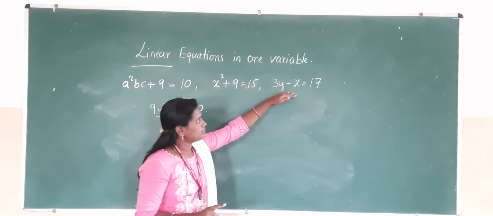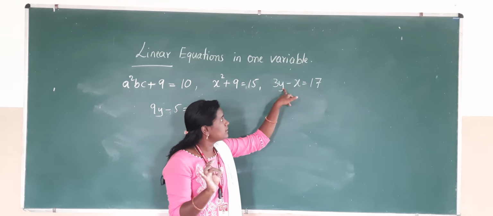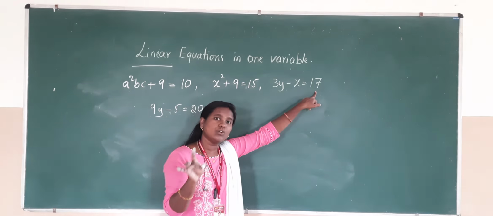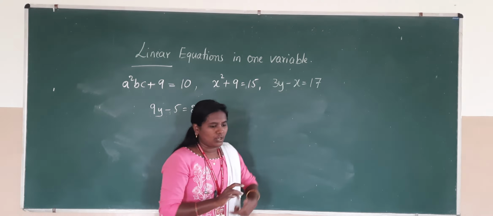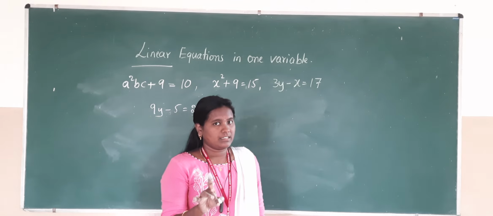And here if you see, 3y minus x is equal to 17 is there. Do you call this a linear equation in one variable? Is it one variable?